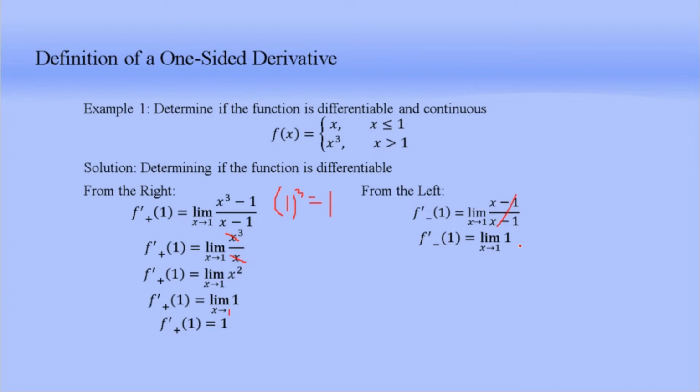And that is 1. And so the limit from the left is 1 as well. And so we can conclude that the limit of the derivative from the right is equal to the limit of the derivative from the left.